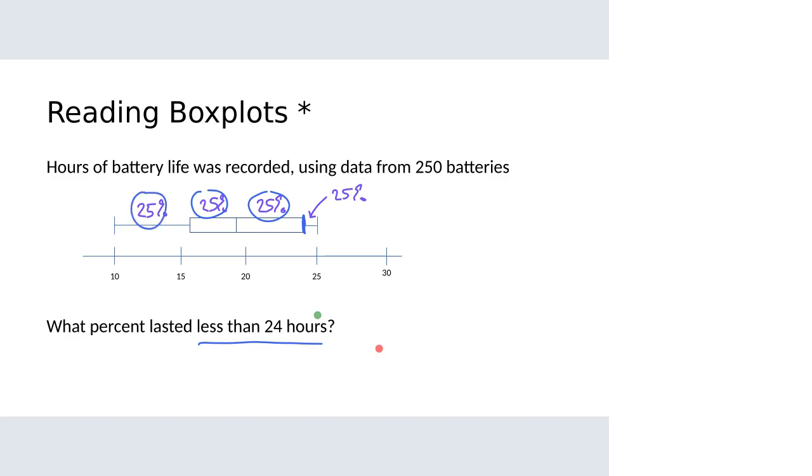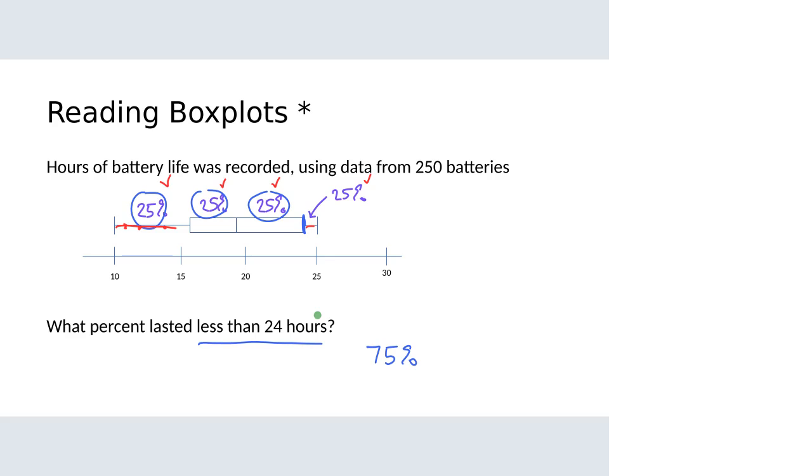We add those up, and 75% of the batteries lasted less than 24 hours. The key with reading a box plot is, even though your brain wants to tell you that this one and this one can't have the same number of data points in it, they do. They're just more spread out over here so that each one of these pieces has 25% of the data in it.